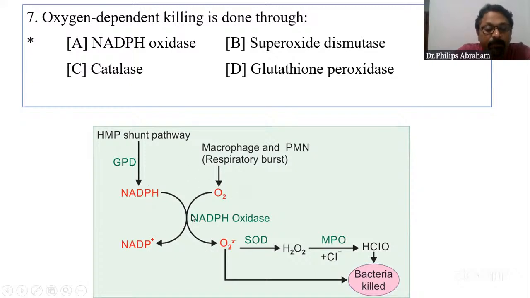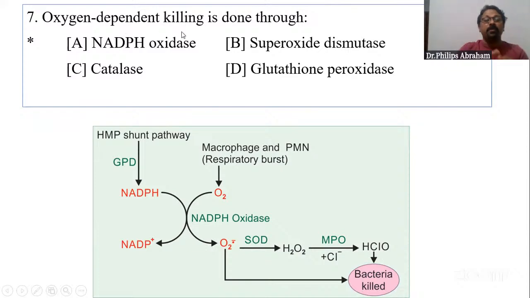NADPH, with the help of the enzyme NADPH oxidase, converts oxygen into superoxide. That superoxide is highly reactive and can kill the bacteria. Otherwise, superoxide converts to hydrogen peroxide, then with the help of chloride, hypochlorous acid, which can also kill the bacteria. So in two ways, NADPH helps in a process we call oxygen-dependent killing.